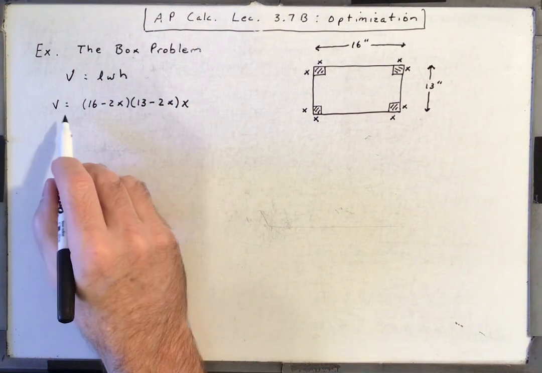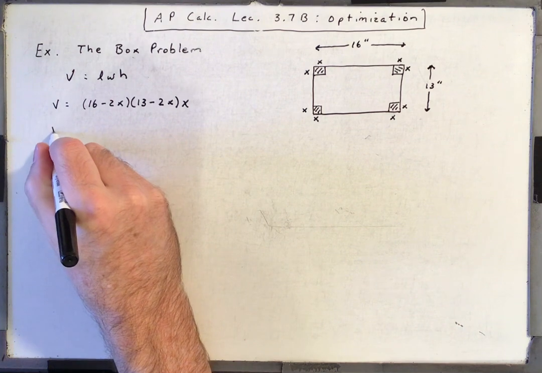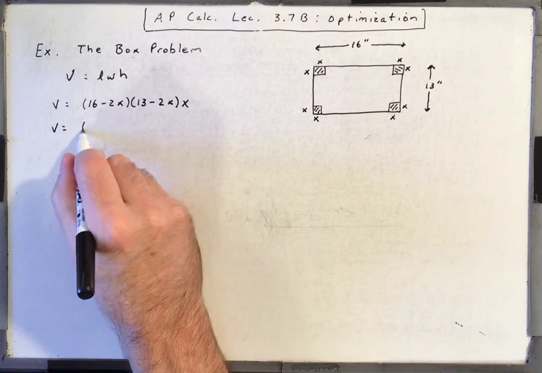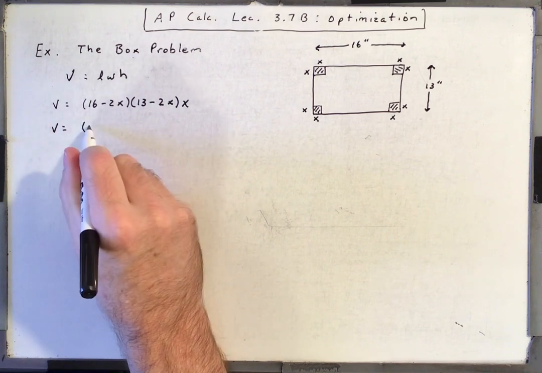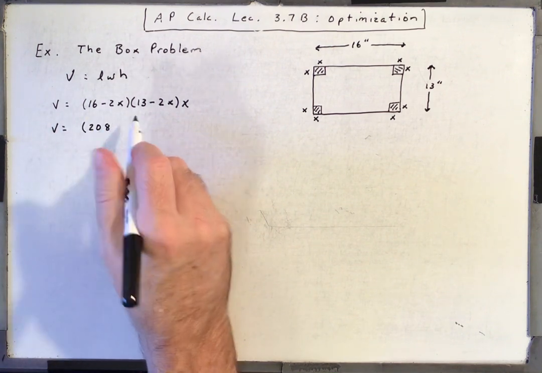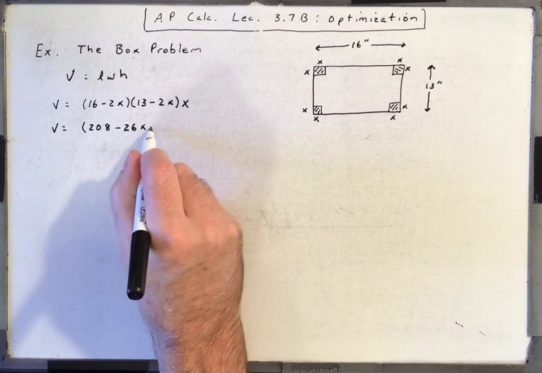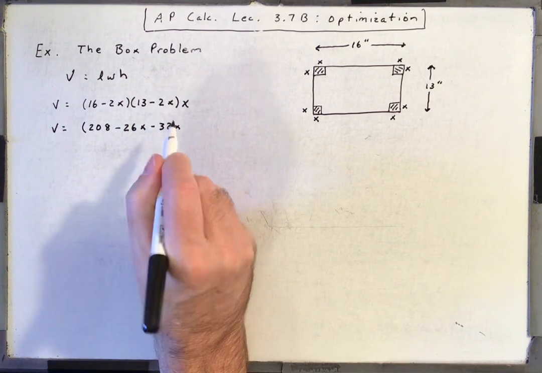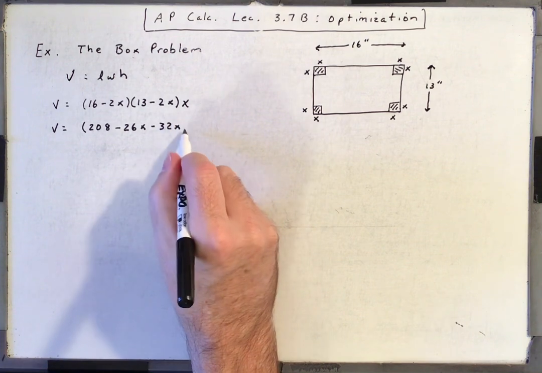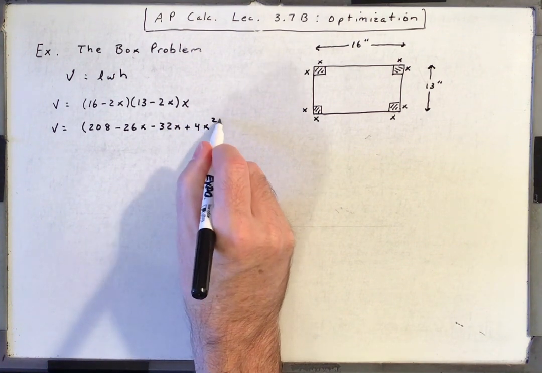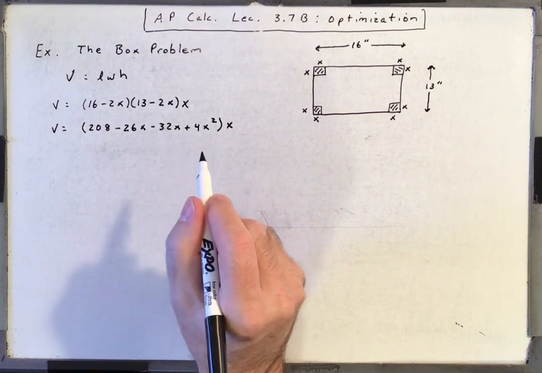All right, so I'm going to go ahead and FOIL this out. So 16 times 13 is 208. And then we'd have minus 26x minus 32x. I did the inside and the outside. And then plus the last 4x squared times x.